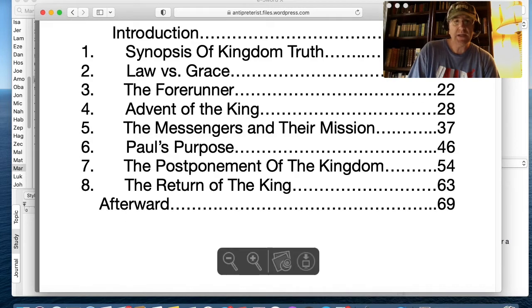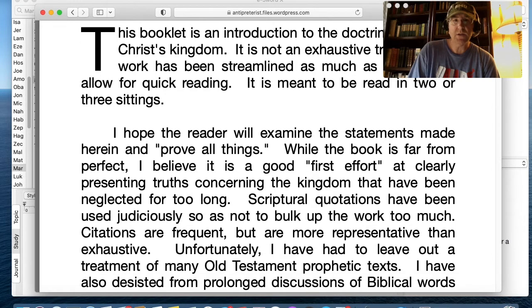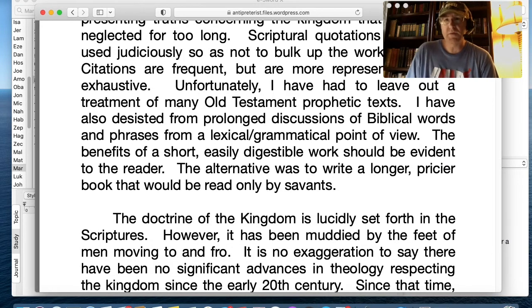And I got the general idea for the theological rationale of the book from something I learned a long time ago. I had just come out of full preterism, and I was starting to read the writings of E.W. Bullinger, and he's got a book called, I think, How to Enjoy the Bible.